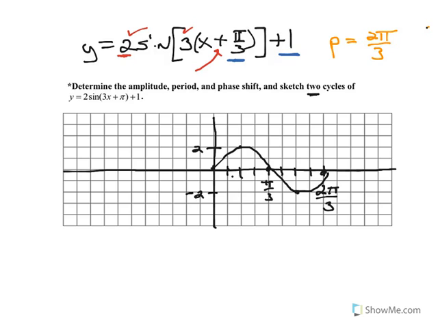So we're going to have to go back pi over 3, and if we look at our scale, pi over 3 is essentially 4 boxes on our horizontal scale. So we're going to have to go back 4 boxes. So we're going to go to the left 4 boxes, which according to our scale is pi over 3.